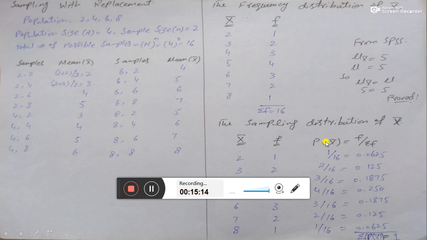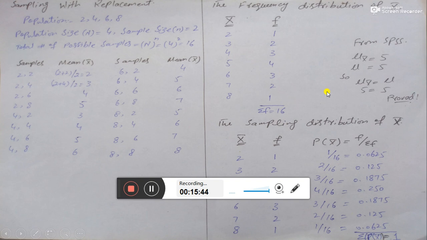For each value I have provided the formula P of x bar is equal to f over summation f. Individual frequency is divided by the total frequency: 1 divided by 16, 2 divided by 16, similarly 3 divided by 16, 4 divided by 16. And you will also have to prove that the sum of this column is equal to 1, as you know that the total probability is always equal to 1.